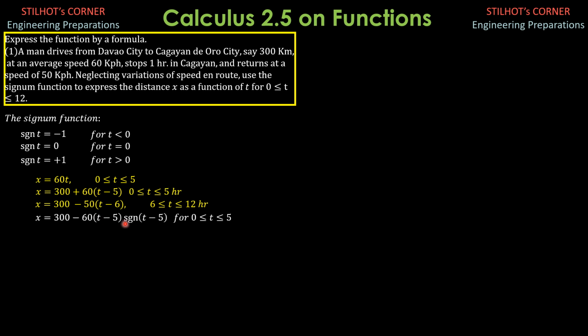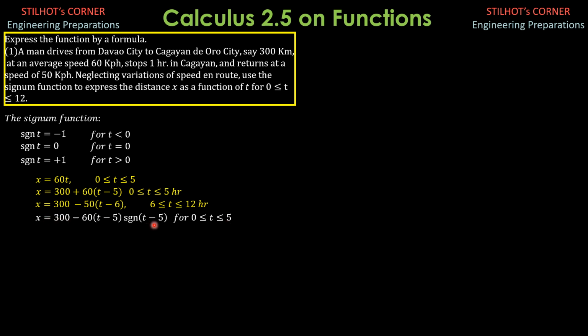Now, in particular, when t is equal to 6, this formula should be applicable. So we will adjust this by introducing a term only for exactly t equals 6 hours, because the distance is still 300 kilometers from Davao City.